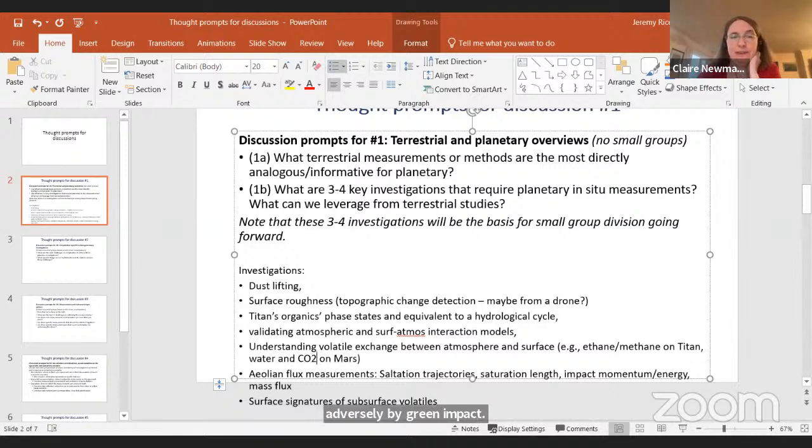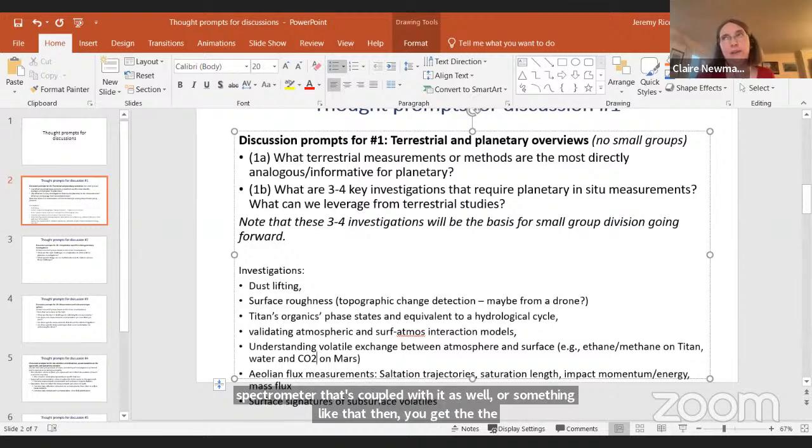For me, that points towards something like the sonic anemometers, which give you the opportunity to do really high frequency measurements and the full 3D measurements. And if you measure the temperature as well, then you get the sensible heat flux. If you're measuring water vapor with a tunable laser spectrometer coupled with it, or something like that, then you get the water flux in and out of the surface.